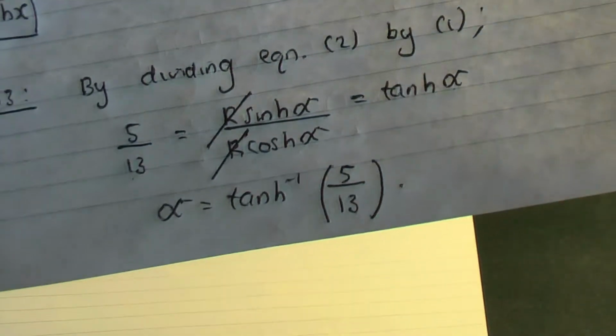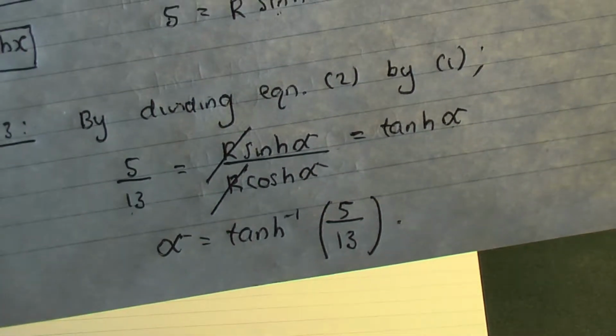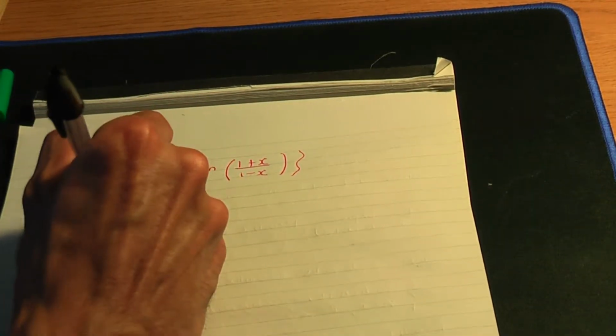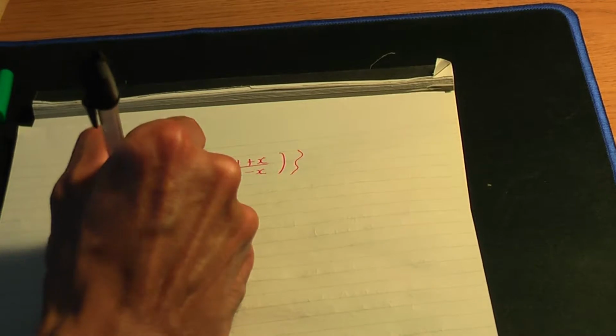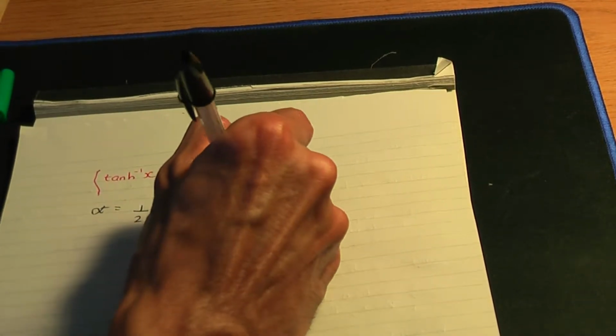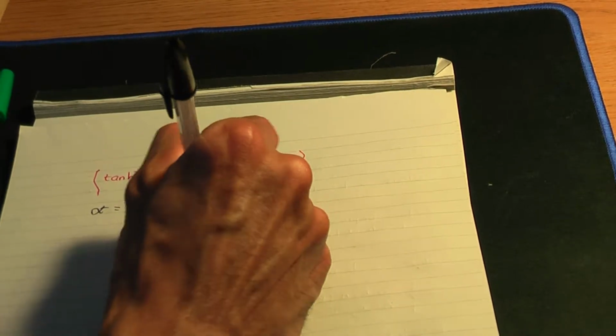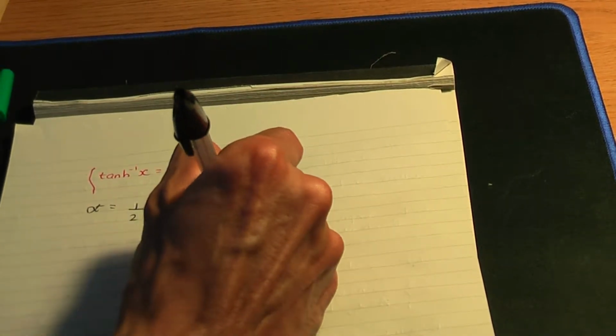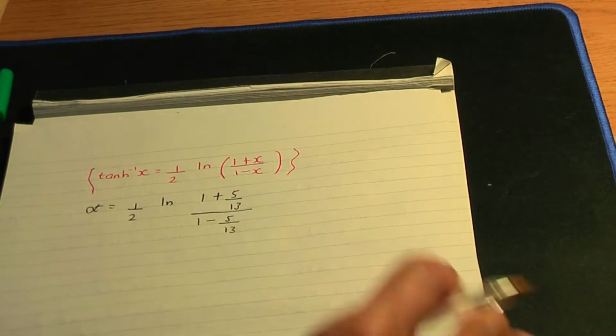So if I replace the x's in my definition by 5 over 13, we have alpha equals 1 over 2 ln of (1 plus 5 over 13) over (1 minus 5 over 13).